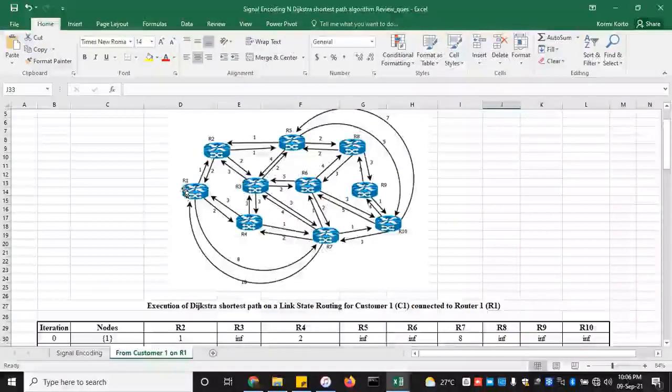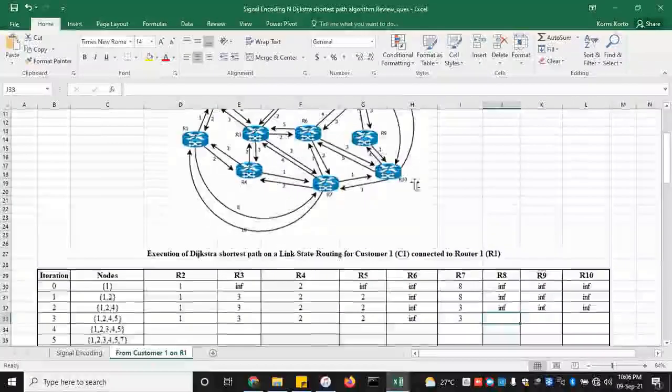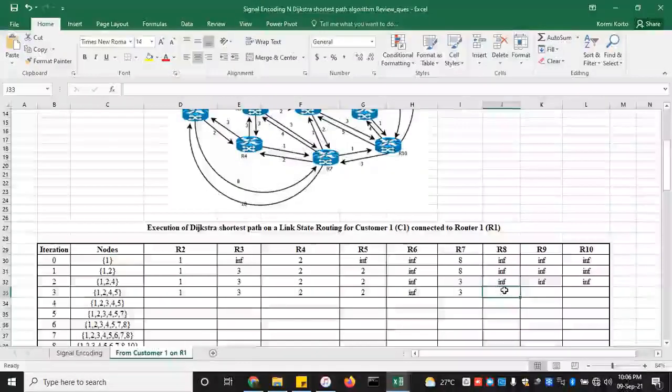So we still have 1. Using this direct path here, you're going to have 1 plus 1, 2, 2 plus 2, it's 4. So 8 will now have a least cost of 4 to get to it.